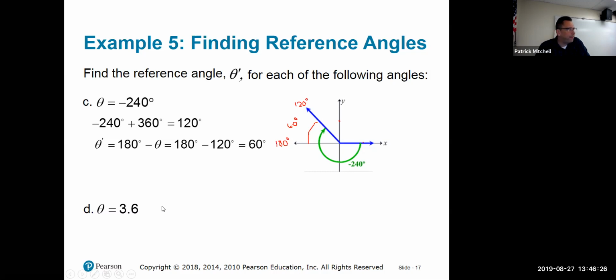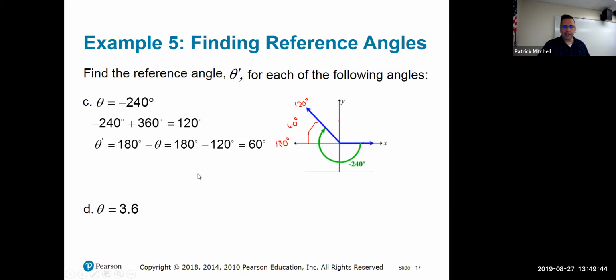So you need to figure out which quadrant this angle is in to begin with, and then try to draw a picture of it. And then from the picture, you should be able to find the reference angle. You might not know how to write the answer, though, and that's something we'll talk about. So I'm going to ask you to hit pause, do what you can with that, and then we'll finish it up.